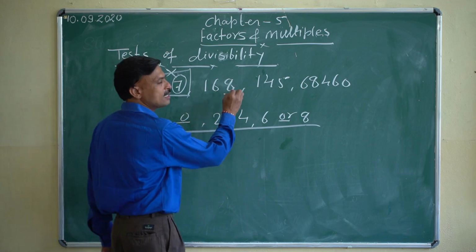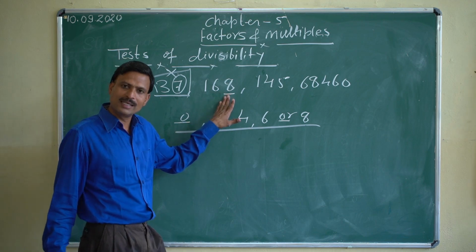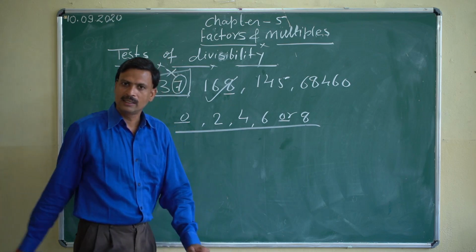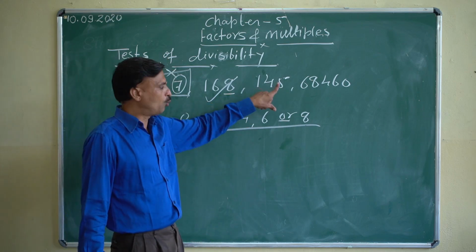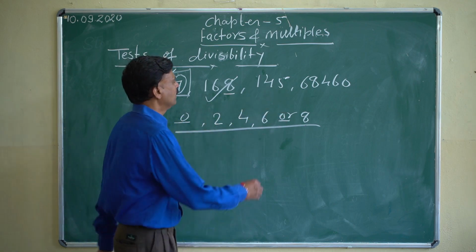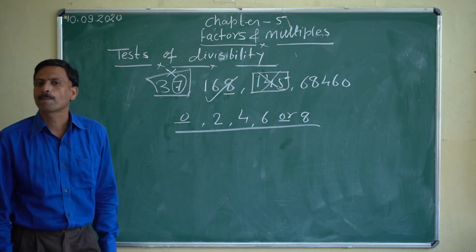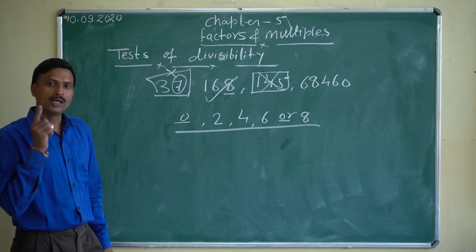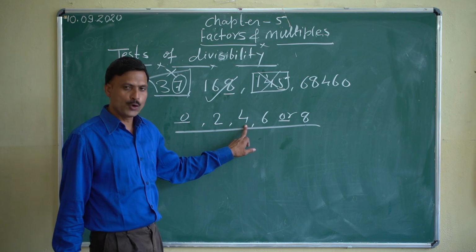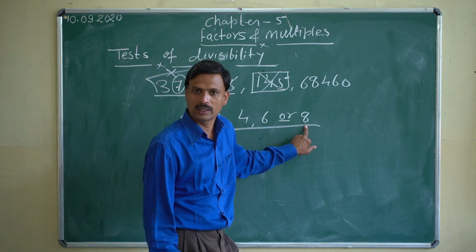The unit place digit is 5, so this number is not divisible by 2, because the unit place digit must be 0, 2, 4, 6 or 8, otherwise not.